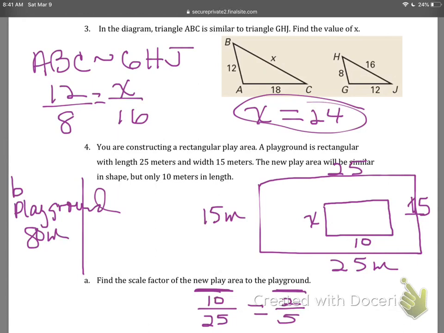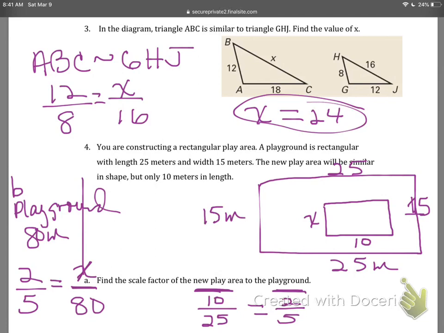Now I could calculate all of the play area measurements and add them together, but I'm not going to do that because I know that the new play area to the playground has a scale factor of 2 to 5. So the playground was the 5, so put the perimeter of the playground on the bottom, and then the smaller number will go on the top. That'll be the perimeter of the play area.